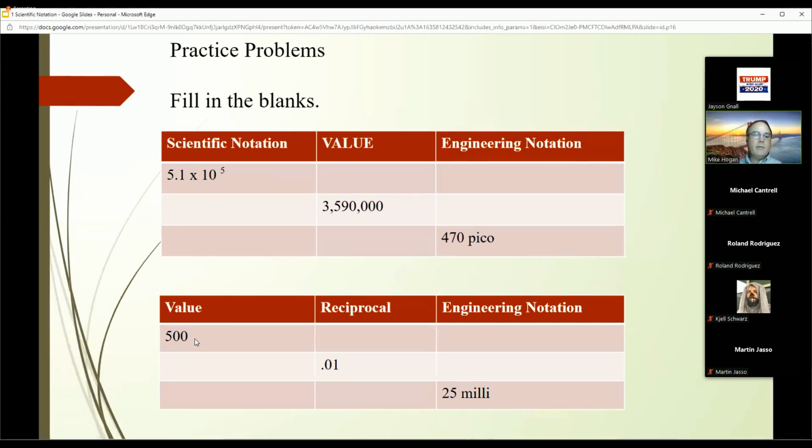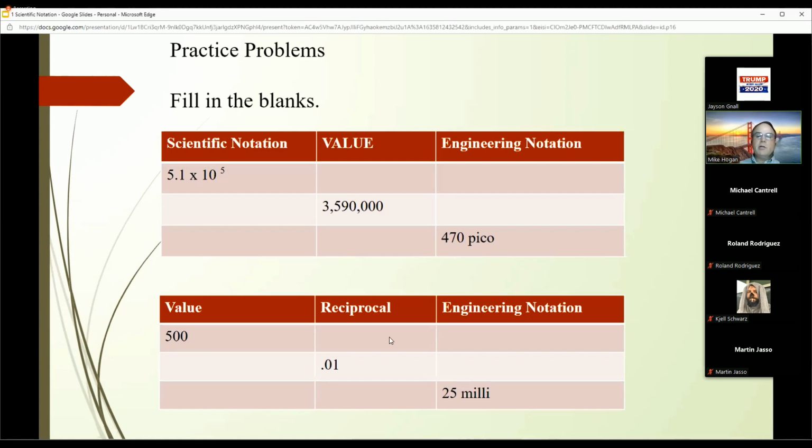And then down here at the bottom, we had the reciprocal. We took 500. What was the reciprocal of that? 0.002. Okay, 0.002. And remember, I'm taking 1 and dividing that by this value. So 1 divided by 500 is going to give me 0.002.